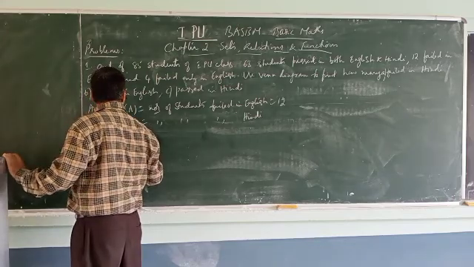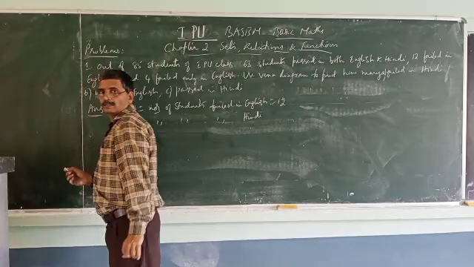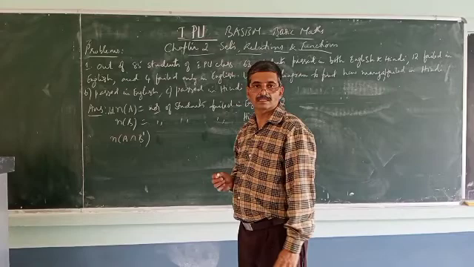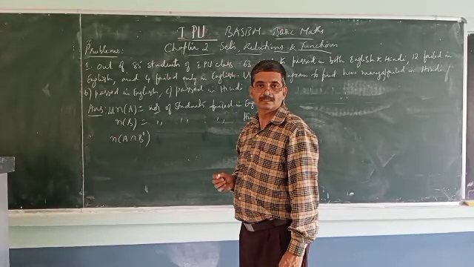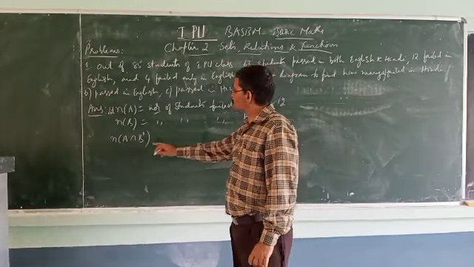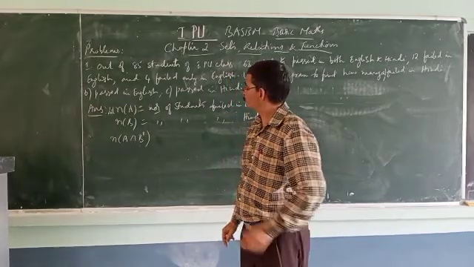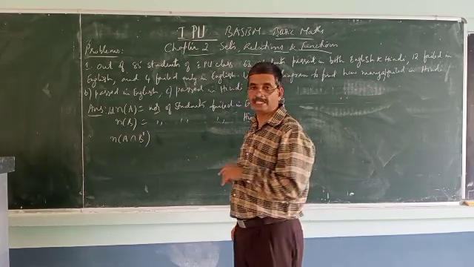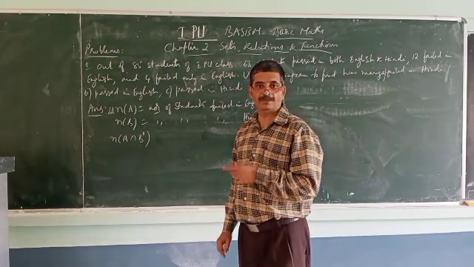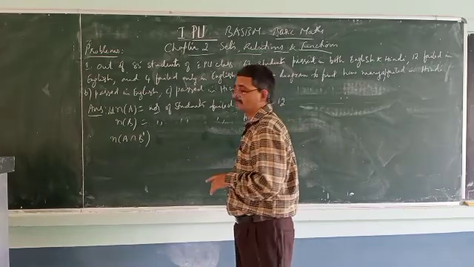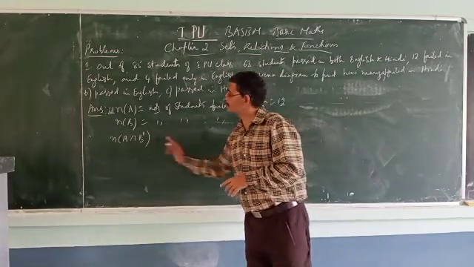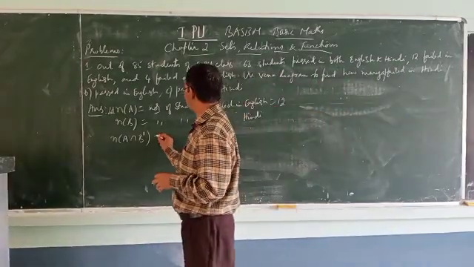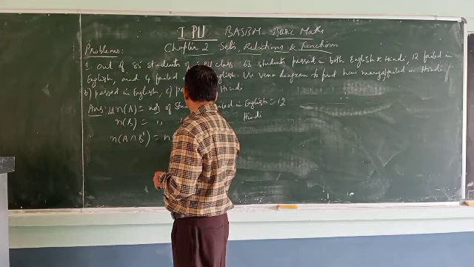It represents the number of students who failed in English but passed in Hindi. This is equal to N of A minus N of A intersection B.